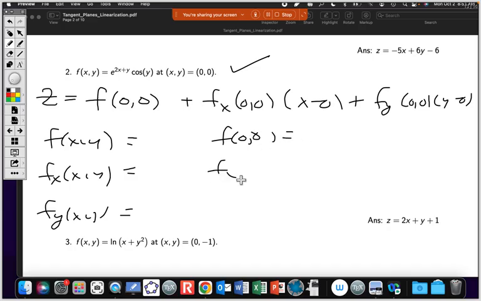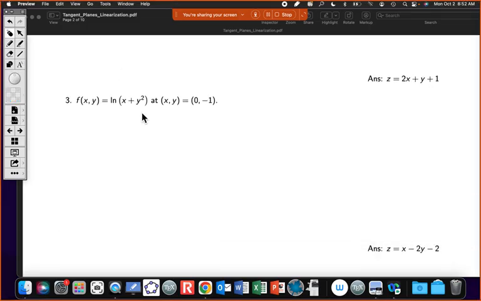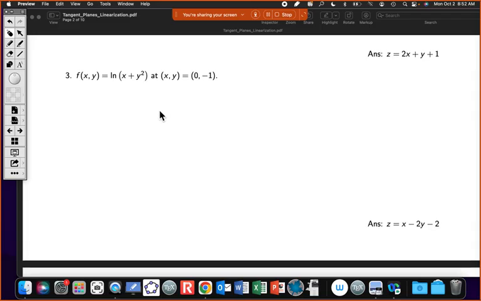Don't try to do everything at once. If you try to do everything at once, there's a good chance you'll make an error. Get all these numbers, plug them in, and then, GeoGebra or Desmos, either one, graph the function near the tangent plane. Okay, so really these are just nice little reviews.